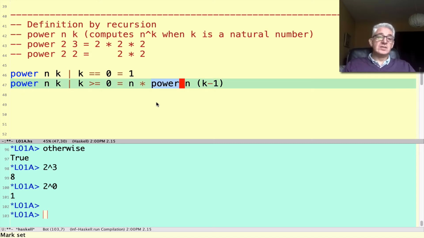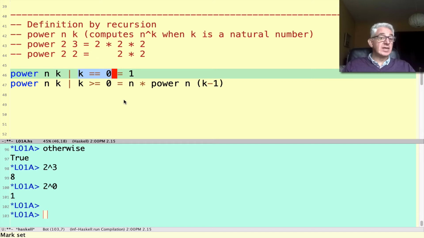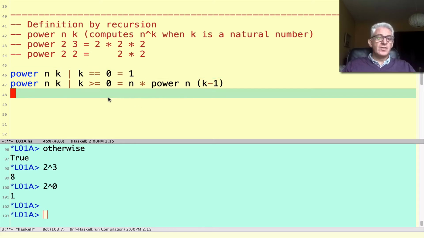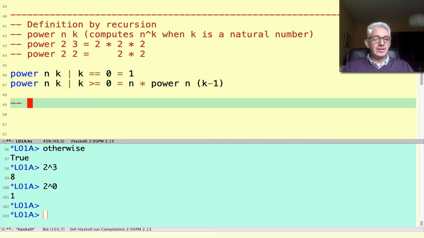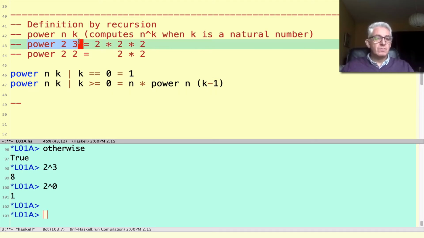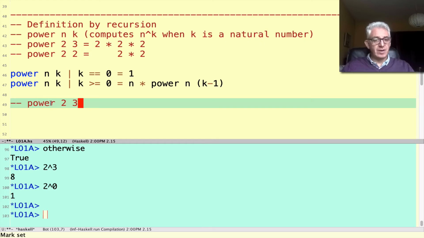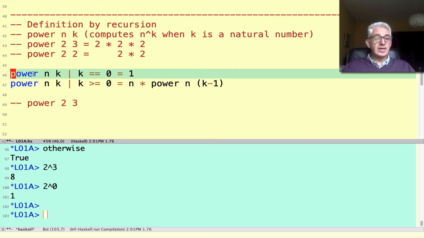The reason it works in this case is because each time we use the power function, we use it with a smaller exponent. And eventually that exponent will reach this case, which we call the base case of the recursion, and give us the answer 1. So that means we can calculate by hand that when we are computing 2, for example, to the power 3, what the Haskell interpreter will do is look at the definitions that we have for the power function and determine that this guard is false.